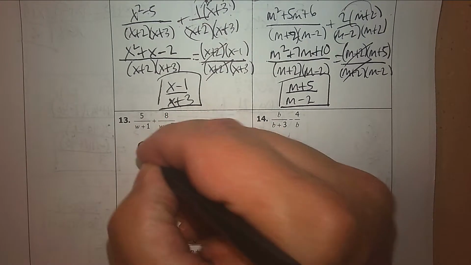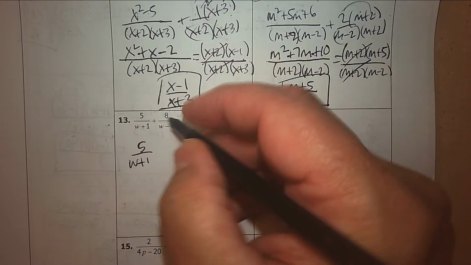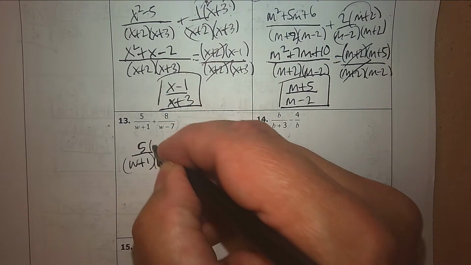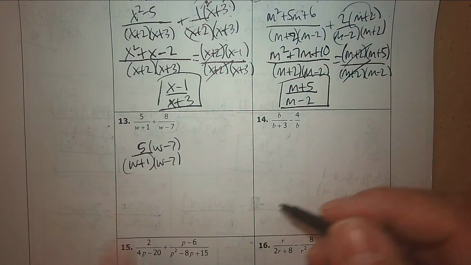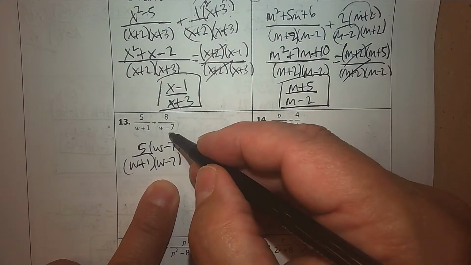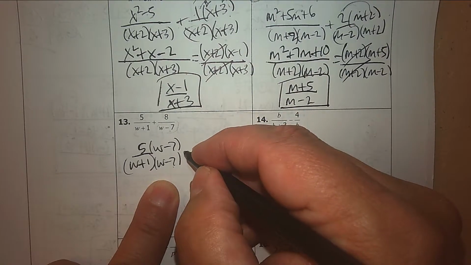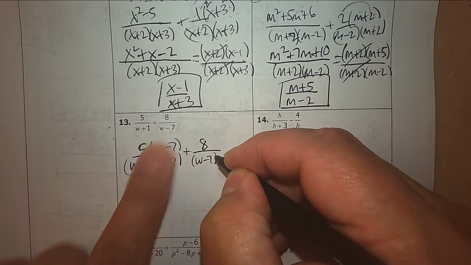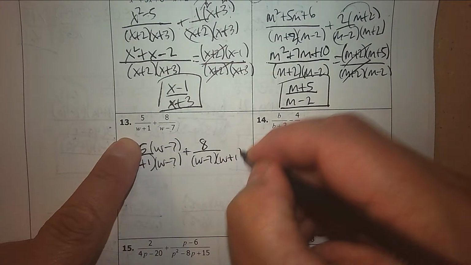What we're going to do is take the other denominator and multiply top and bottom by it. So for the first fraction, the other denominator is W take away 7. And for the second, the other denominator is W plus 1.